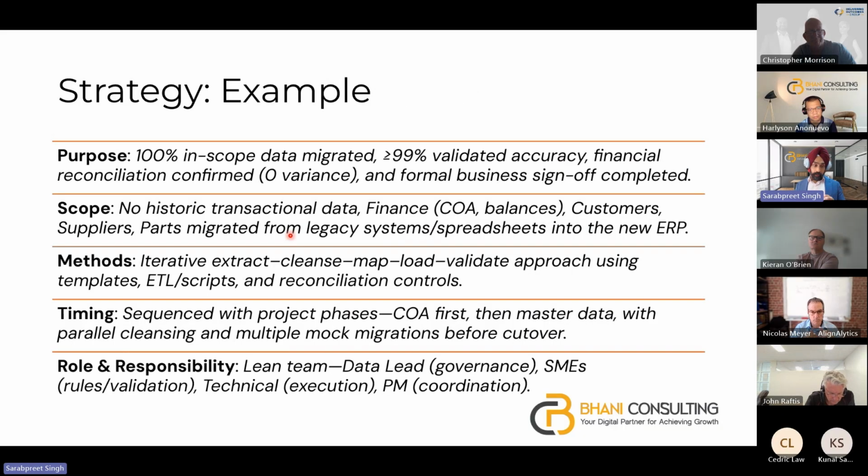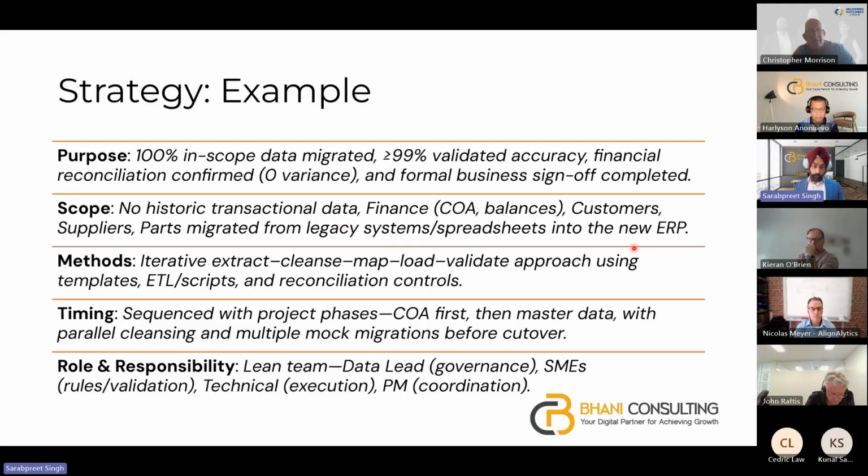As an example, this is generally a document, but I'm trying to simplify it to prove it is not a complex multi-page document. When I say purpose, it is clearly, this is my purpose. This is a measurable way of understanding if it is a success or not. So zero variance. When I scope, no historic transactional data.